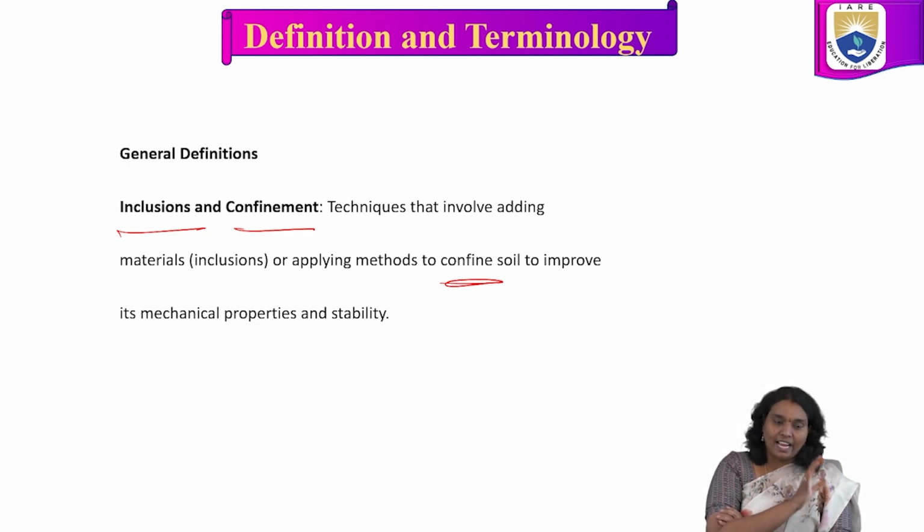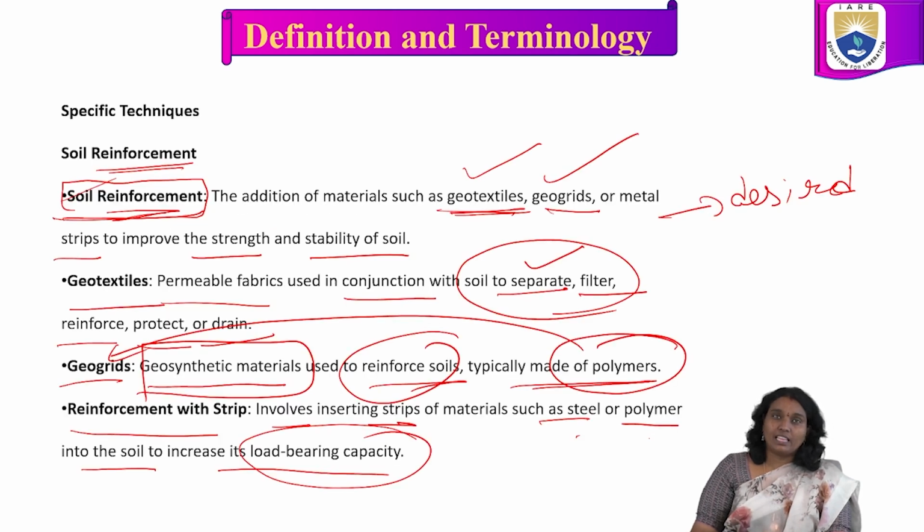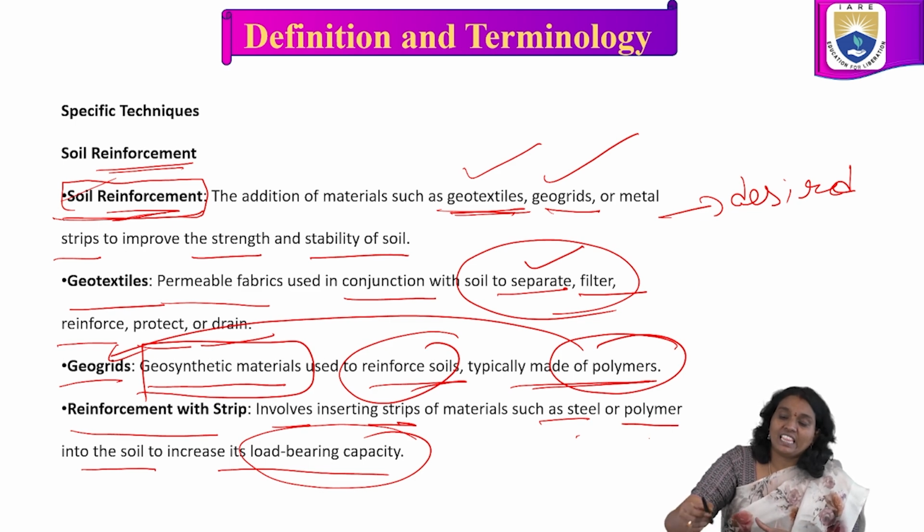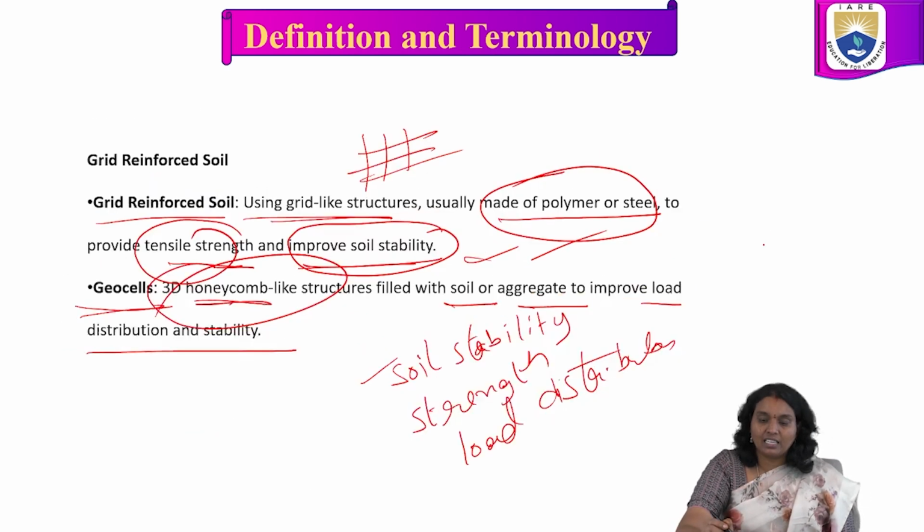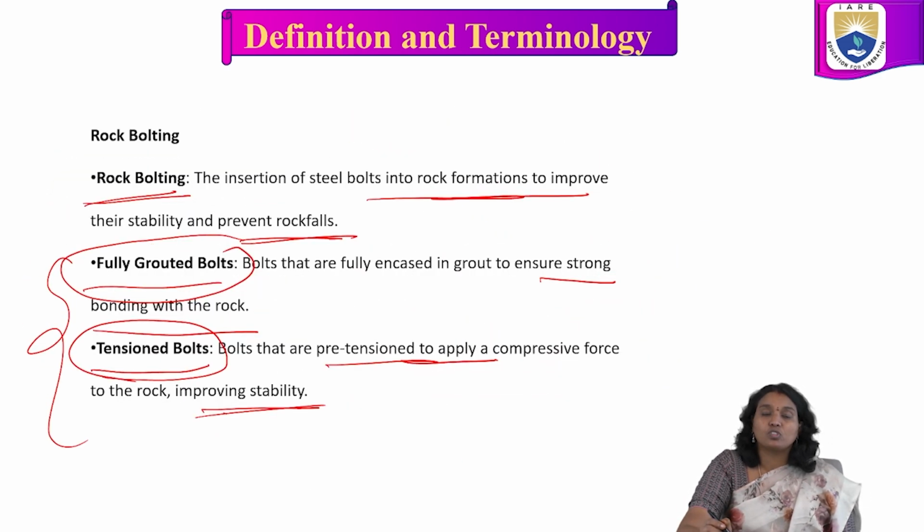Finally, all five modules introduce various types and techniques which are helpful for getting the desired properties of the soil. All these terms lead us to get the desired properties of the soil zone.